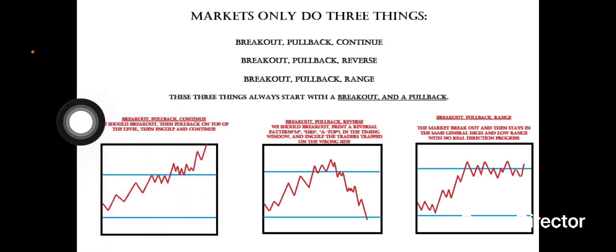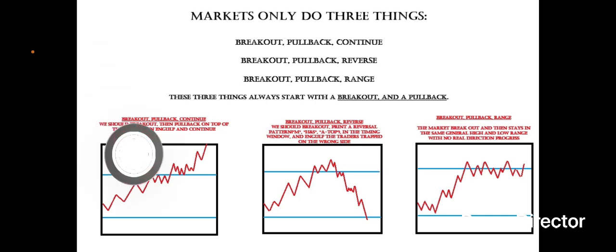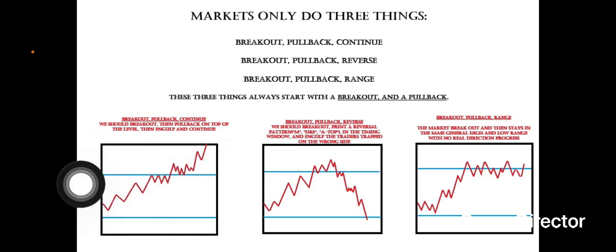We should see a breakout of a daily level. In this example, we break out of the previous day's high, and then we pull back right on top of the previous day's high. And then we engulf to the upside and continue that upward momentum.